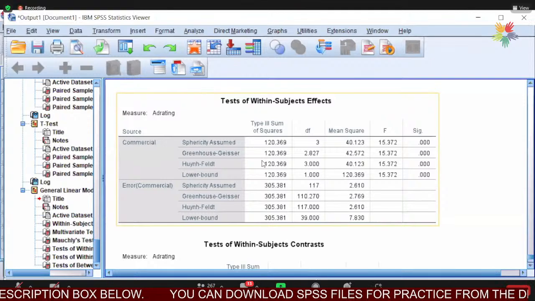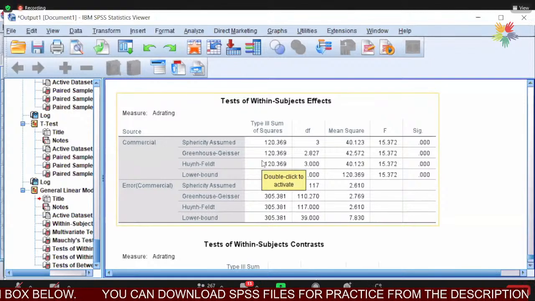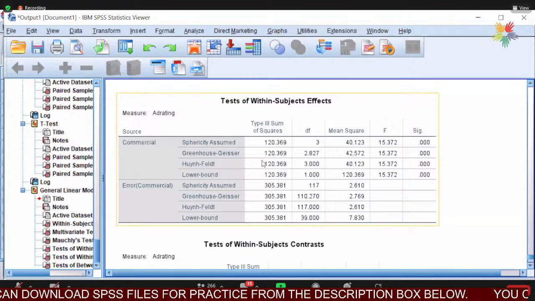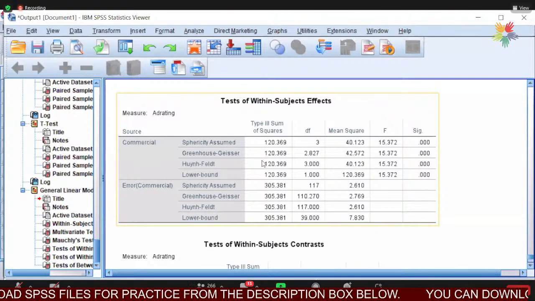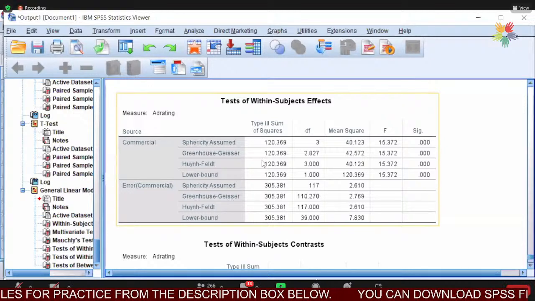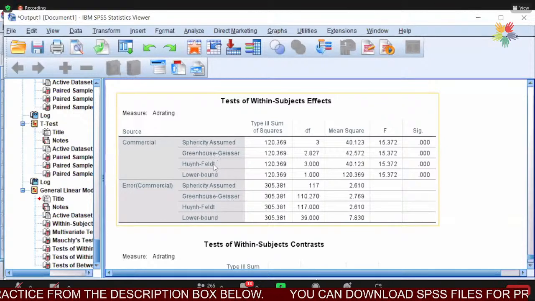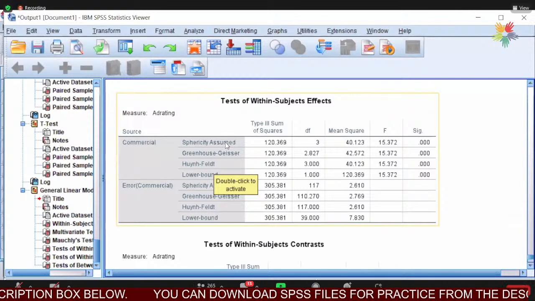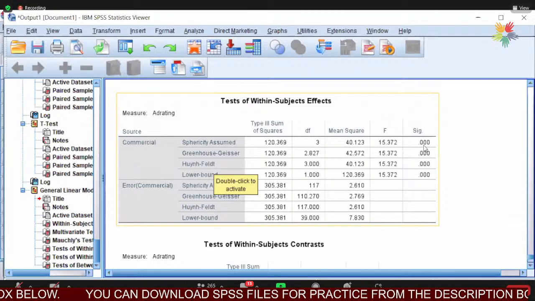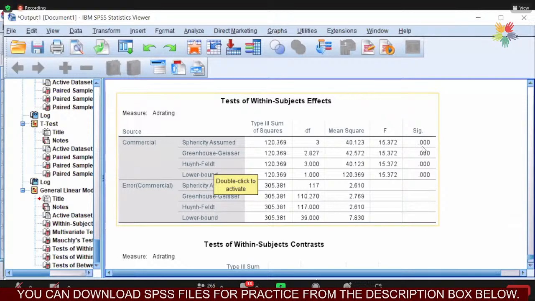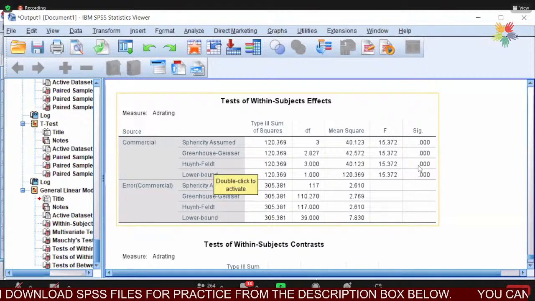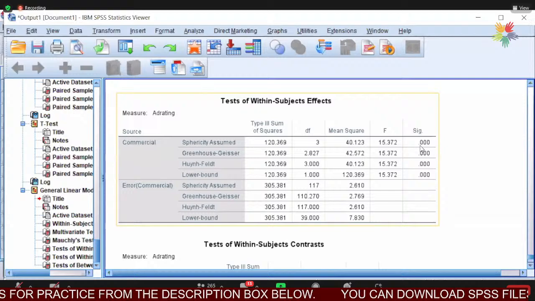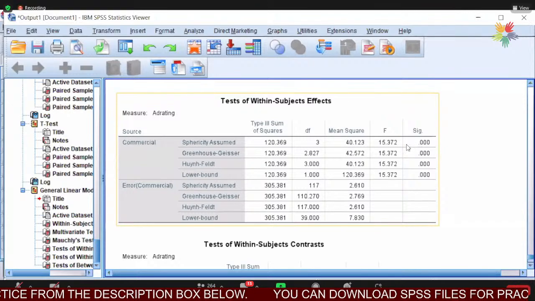When the significance value for sphericity is less than 0.05, equal variance is rejected, so there is heteroscedasticity, and then we have to look at the Greenhouse-Geisser or Huynh-Feldt. Here it is accepted, so we use sphericity assumed. There is a difference, which means the four ratings given are different.